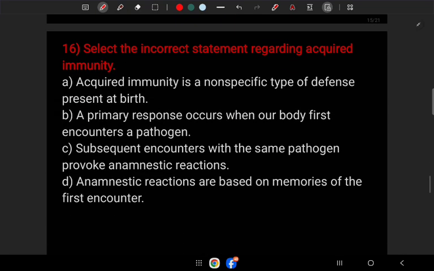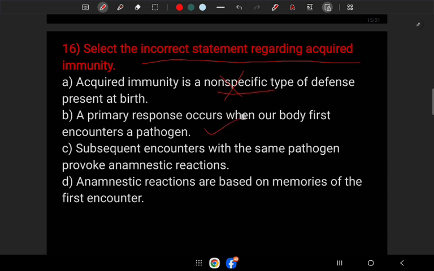Question number 60 says select the incorrect statement regarding acquired immunity. Acquired means in the presence of antigen, and innate means from birth. Acquired immunity is non-specific. No, acquired immunity is highly specific. A primary response occurs when our body first encounters a pathogen.